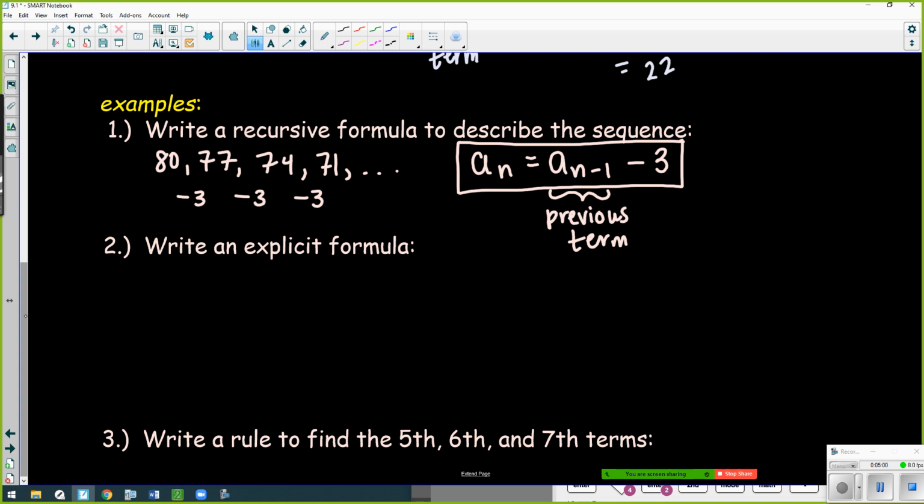In this next one, we're going to write an explicit formula, and here's our new sequence: 1 over 2, 1 over 3, 1 over 4, 1 over 5, 1 over 6, and you probably get what's happening. Next in line would be 1 over 7, and then 1 over 8. I want to take a minute and talk about this notation that I'm using. After the last term that I gave, I put a comma, and then these 3 dots.